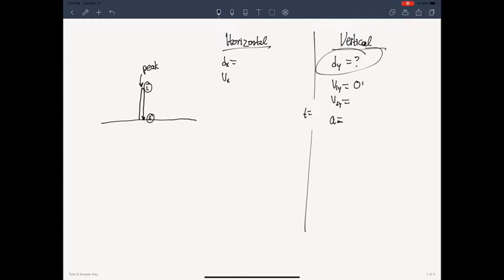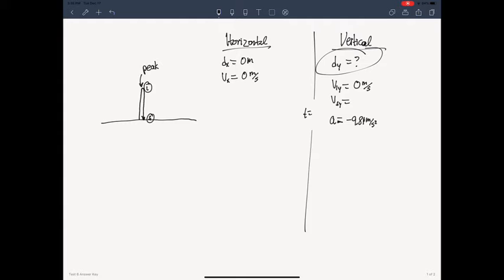It's 0 meters per second because at the peak it's going from a positive velocity and then changing to a negative velocity. And to go from positive to negative, you have to go through 0. This is negative 9.81 meters per second squared. dx is 0 meters and vx is 0 meters per second because it's not moving at all. The basketball player isn't moving at all in the x direction.